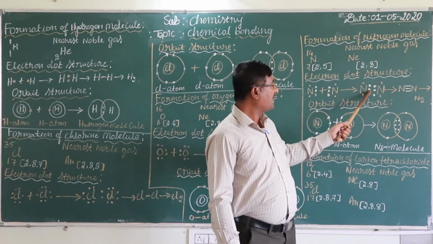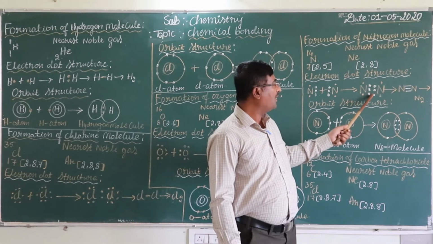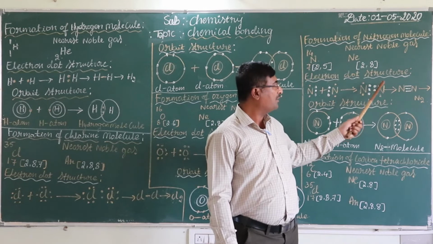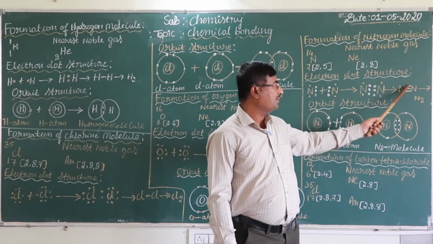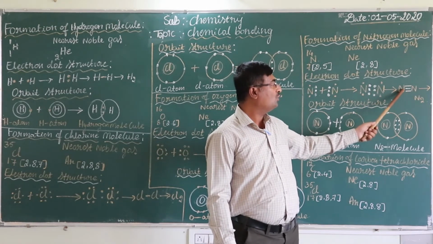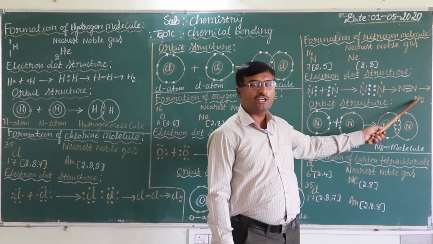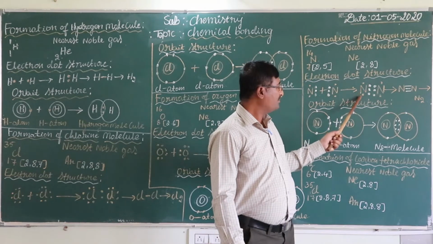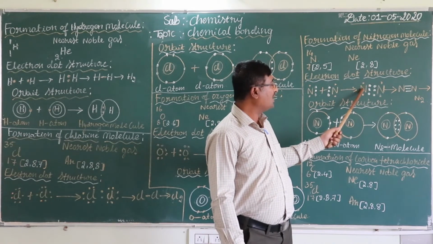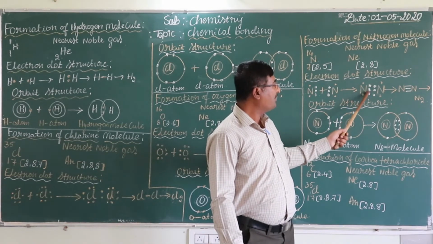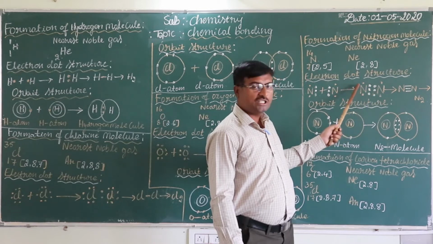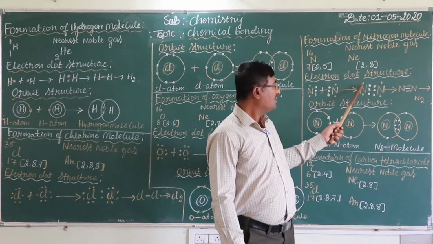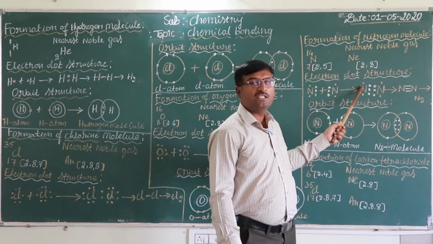See, 3 pairs of electrons are involved in covalent bond formation. When 3 pairs of electrons are involved in covalent bond formation, a triple bond will form between the 2 nitrogen atoms. Like this, the nitrogen molecule will form. This nitrogen atom thinks these 3 pairs of electrons belong to it, so totally it will get 8 electrons. So this nitrogen is thinking it is in a stable configuration.